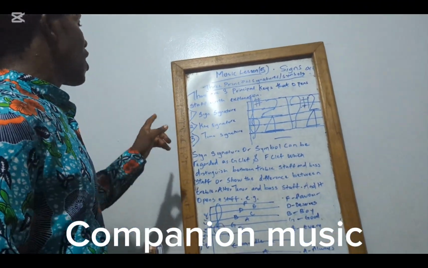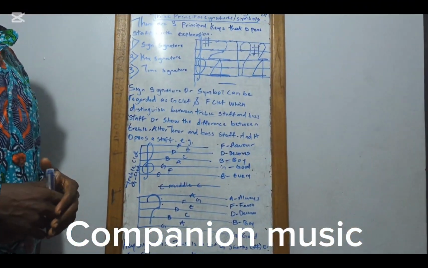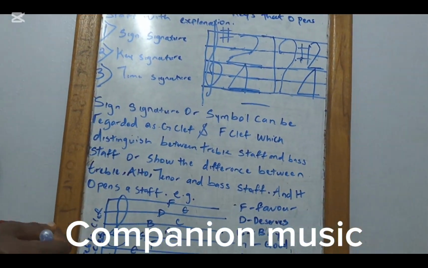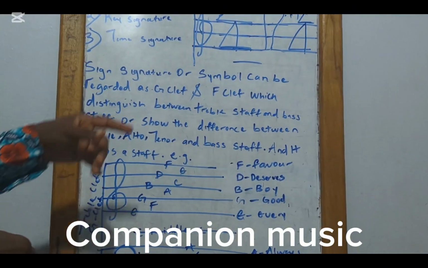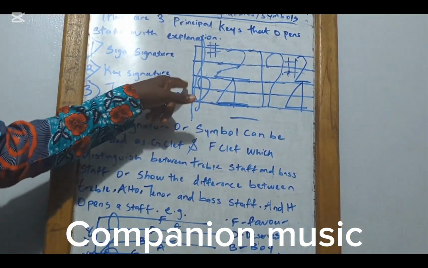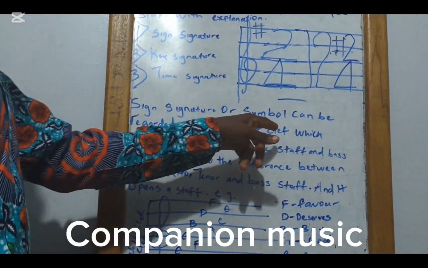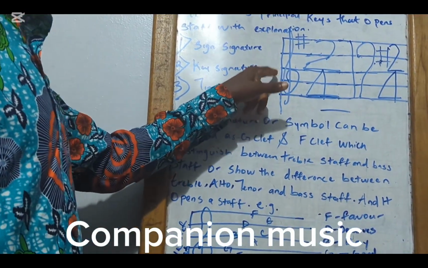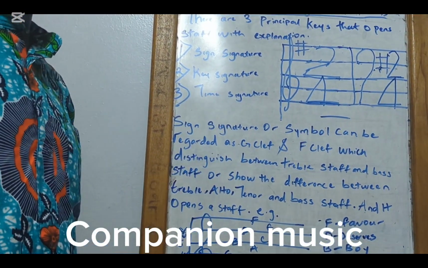Number 1, we have the sign signature or symbol. When we're talking about the sign signature or symbol, we are referring to the G clef or the F clef, the key that opens the staff.